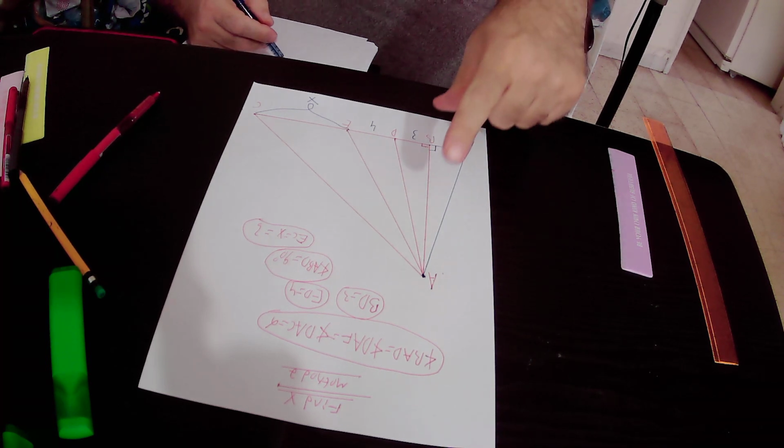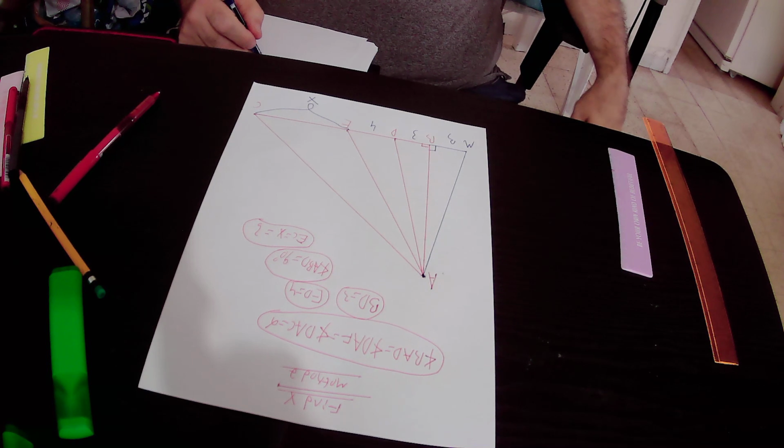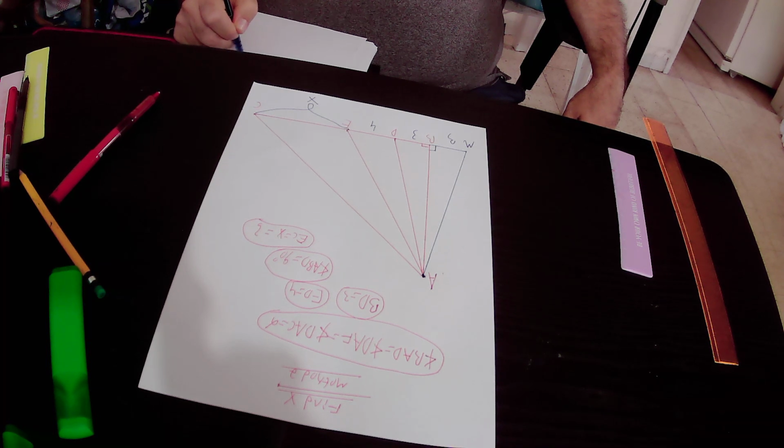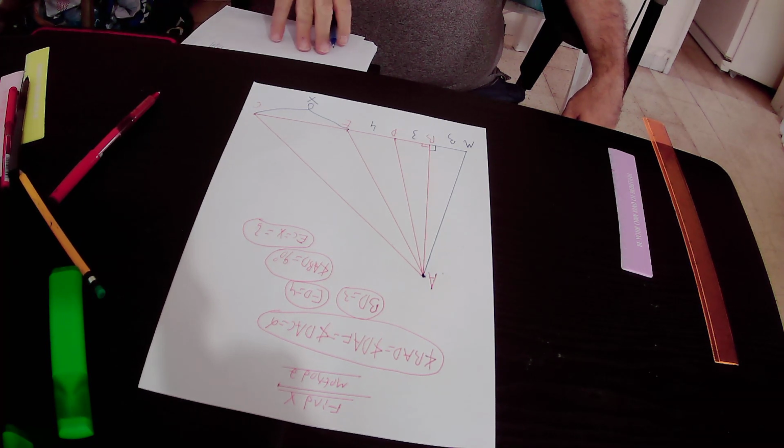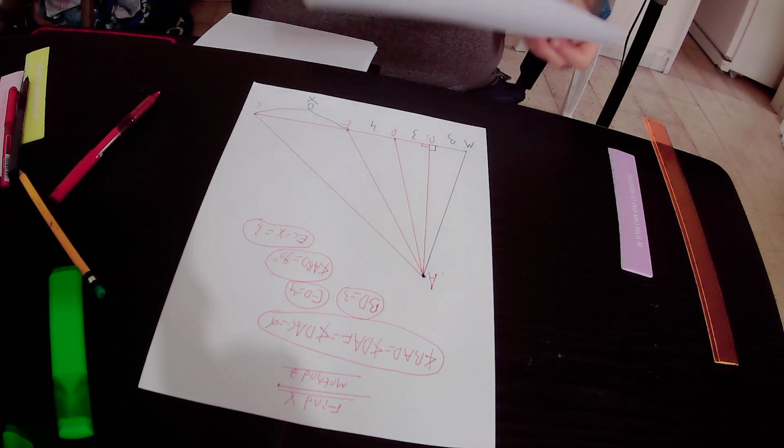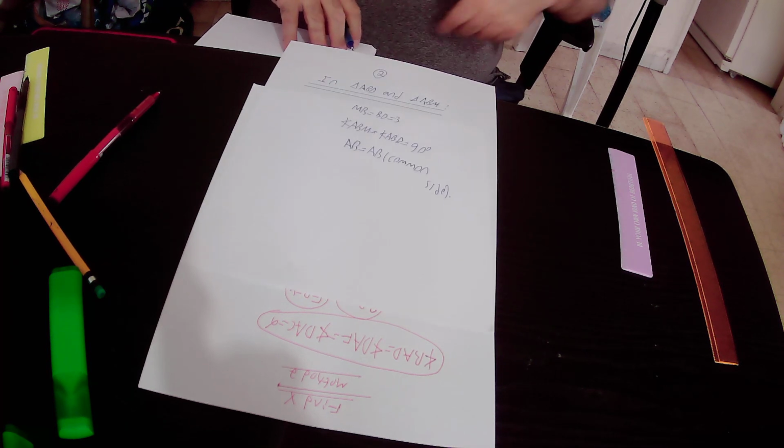And AB equals AB. AB is the common side. It belongs to both triangles.